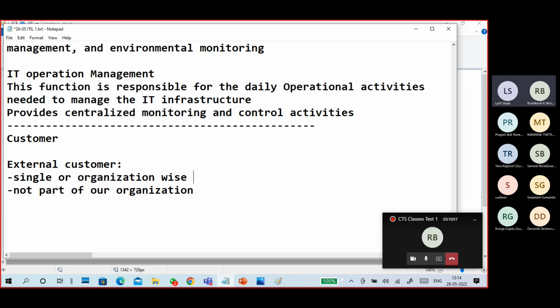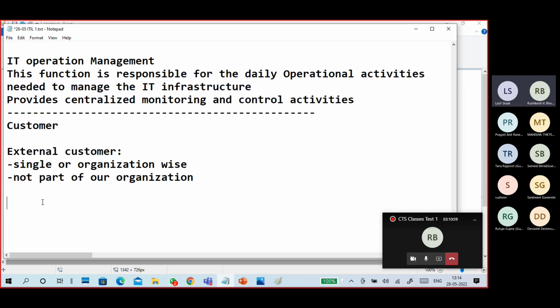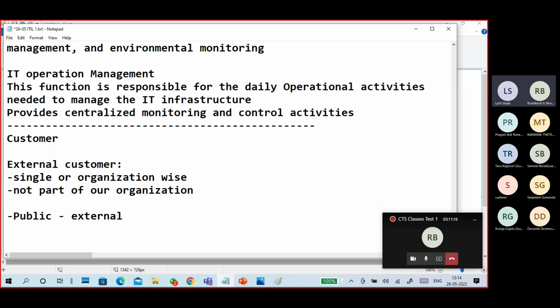External customers. So for me, in external customers, I will include public customers also. Public external. So public customers are nothing but external customers only.